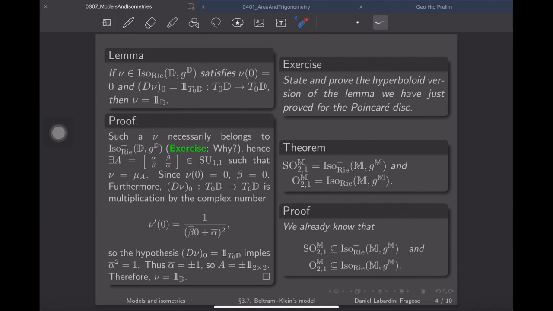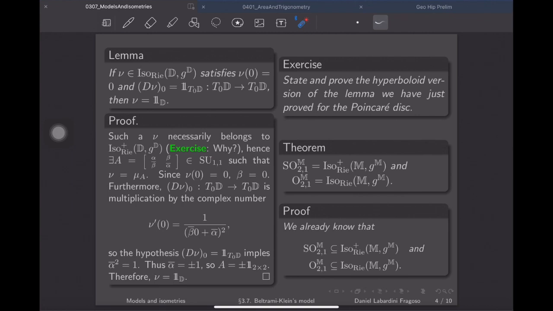Okay, so for the proof, first of all, notice if I have one such nu fixing 0 and with its derivative being the identity, what I see is, look, the determinant of this one is 1. It's positive. Right? So nu has to actually be an orientation preserving Riemannian isometry.